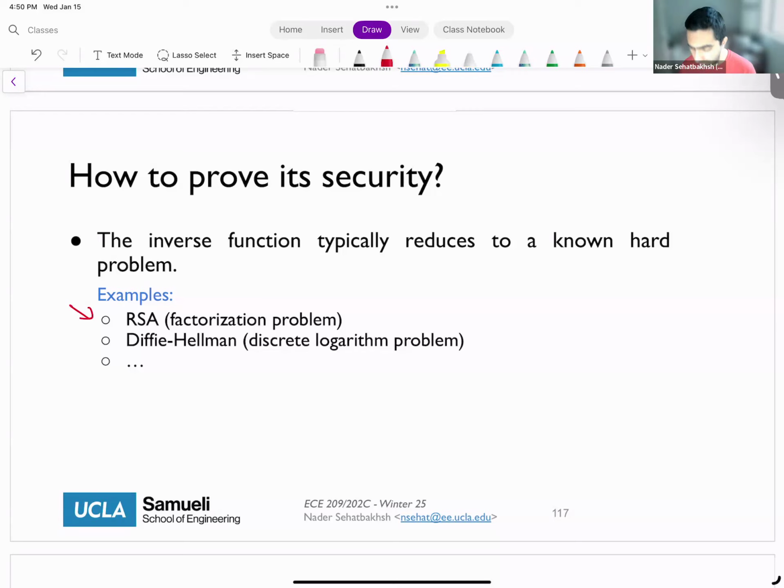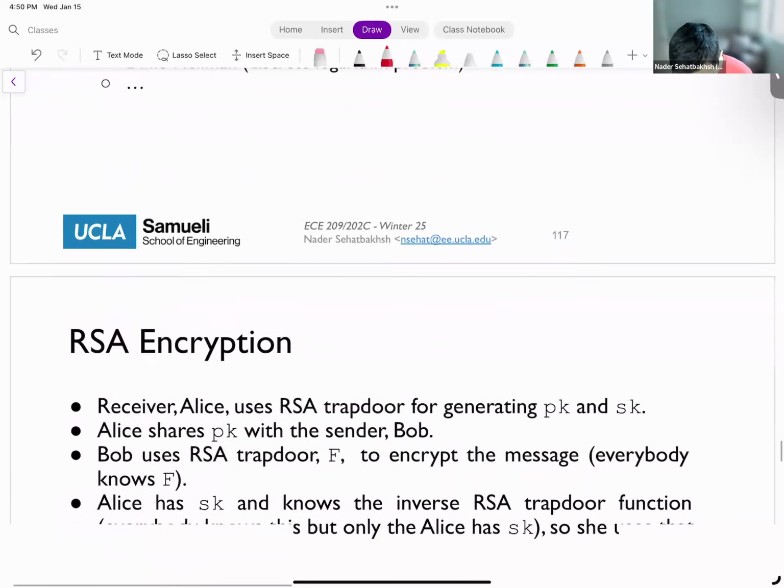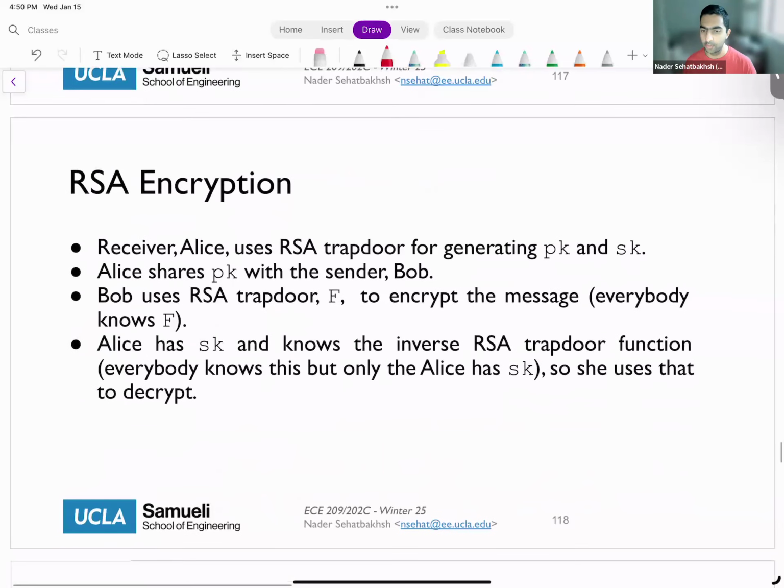We're going to talk a little bit about RSA, and you're going to see the difference between RSA and AES, and how this factorization problem plays into the security of the system. Okay, so let's actually talk about RSA encryption. One thing that you need to know is that you don't use RSA directly to encrypt or decrypt things.